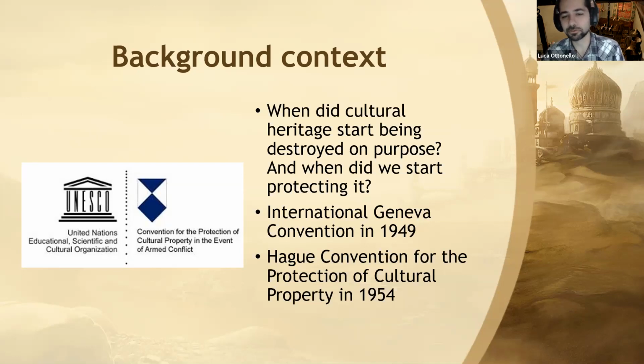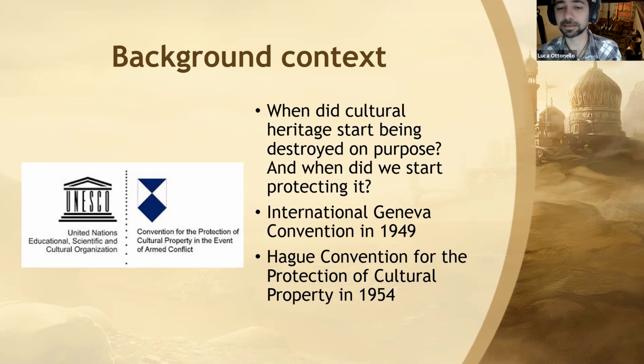But the protection of these sites started with the International Convention in Geneva, due to the fact that during the war, both sides, both the Allies and the Axis, were destroying monuments. And this removed a lot of cultural heritage, both tangible and intangible, during that period. So they started with that.